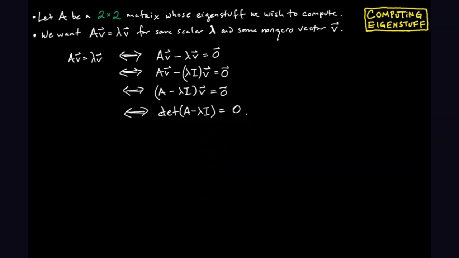And once we know lambda, once we have found the eigenvalues, then we can take each individual value of lambda, each individual eigenvalue, substitute it back into our original expression, and then we will have an equation in which the only unknown is v, because we will know lambda. And then we can solve that for v and come up with the corresponding eigenvectors, the eigenspace that corresponds to lambda.